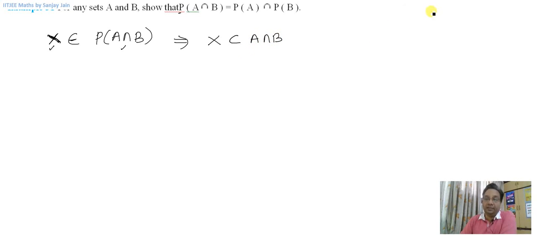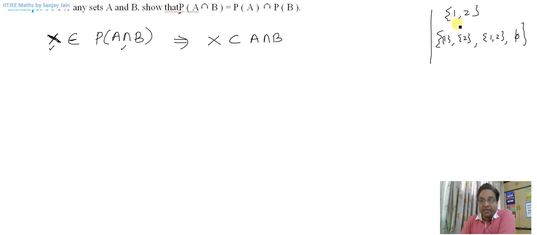You got the idea? I got this set, and if I write its power set, then if I say that this element belongs to this power set, then this has to be a subset of this set, because this is the definition of power set: the set of subsets of this particular set.